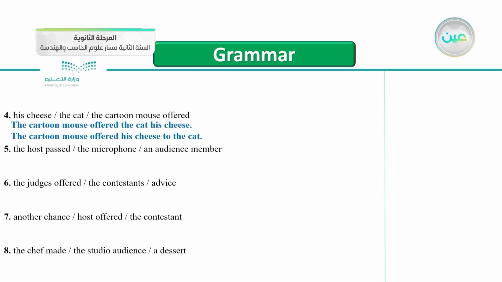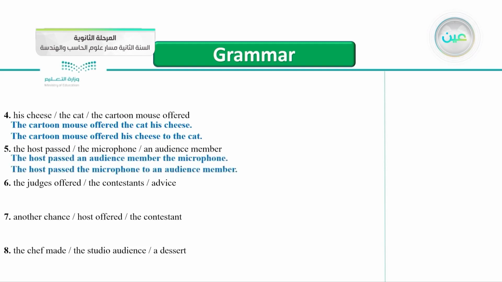The cartoon mouse offered his cheese to the cat. So now we know the cat is the indirect. Number 5, the host passed the microphone an audience member. Very good. Now you got the hang of it really. The host passed an audience member the microphone. The host passed the microphone to an audience member.